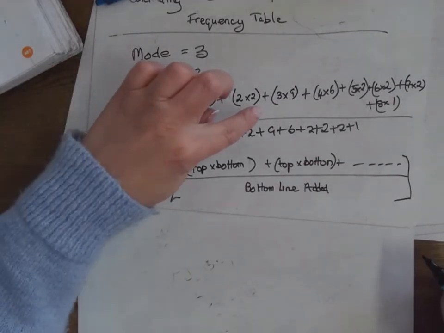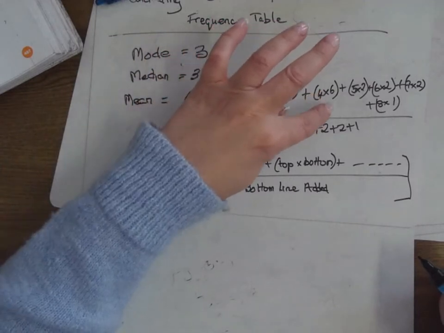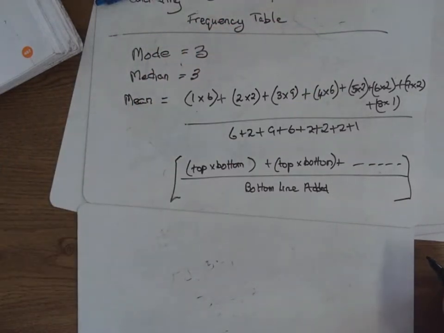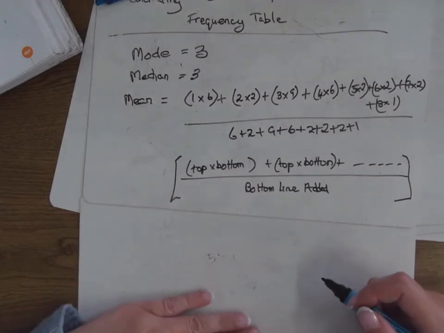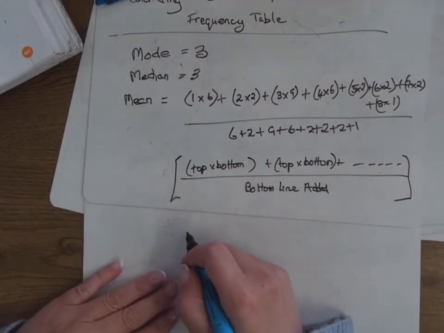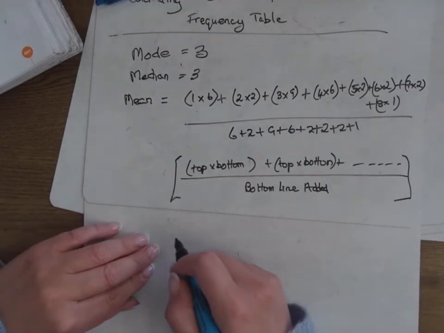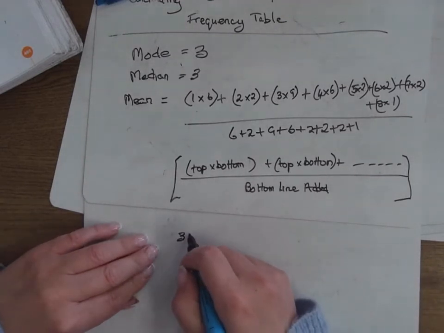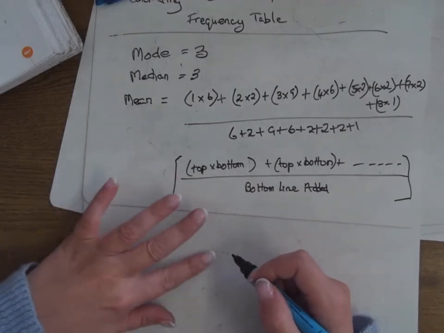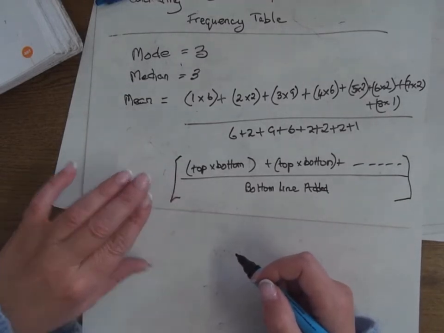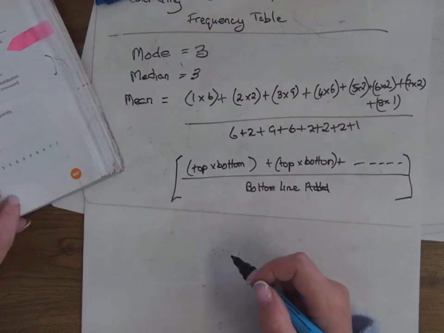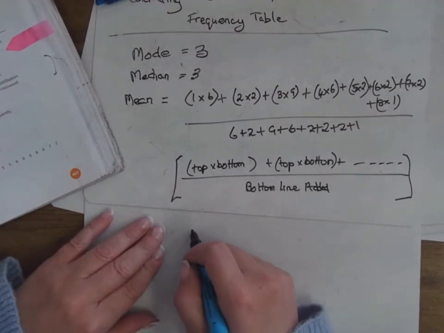Okay, so that's 6 plus 4 is 10, 37, 57, 61, 71, 83, 97, and 8 is 105. It's 105 divided by 30, which is, sorry, 3.5, I think.